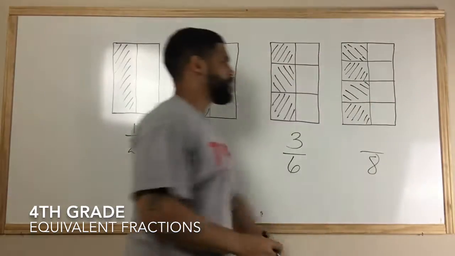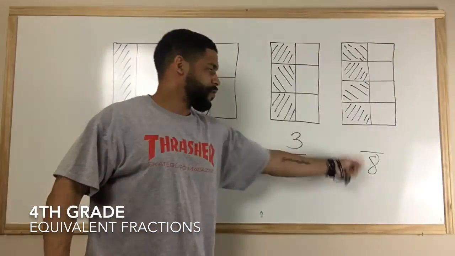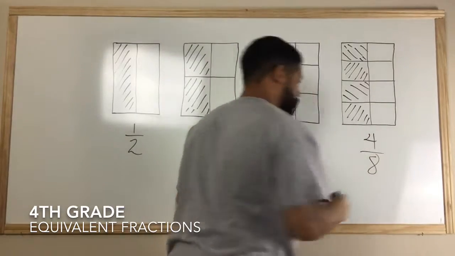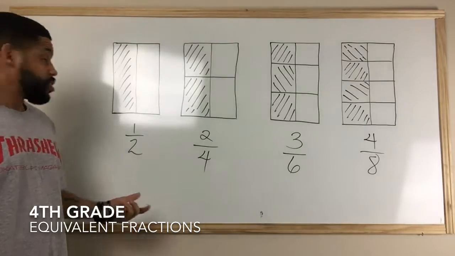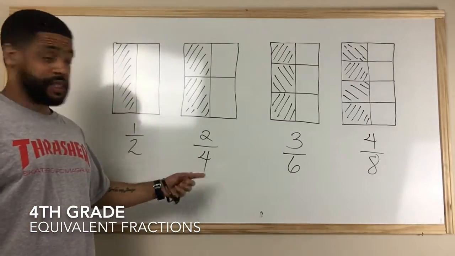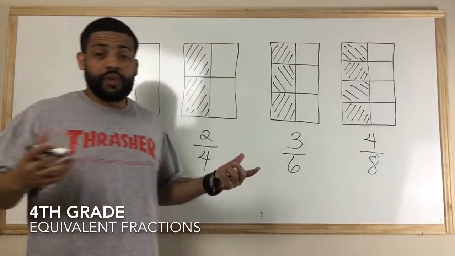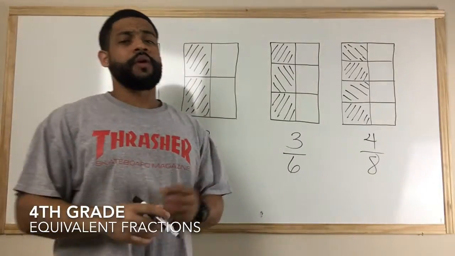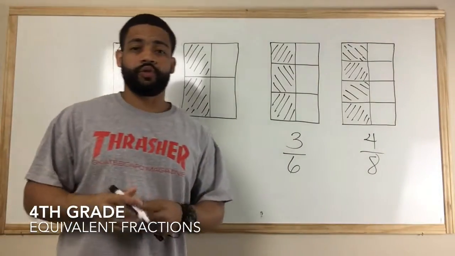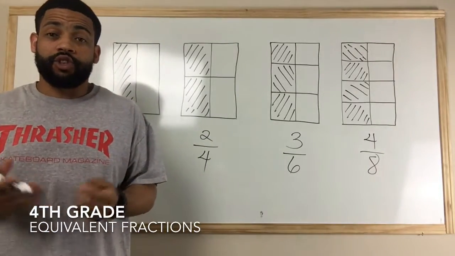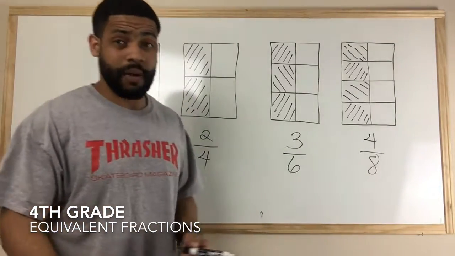If we shade in 4 out of 8 pieces, then we will have the same value as 1/2. It's also the same value as 2/4. It's also the same value as 3/6. So with that being said, now we know how to create equivalent fractions using a visual model.